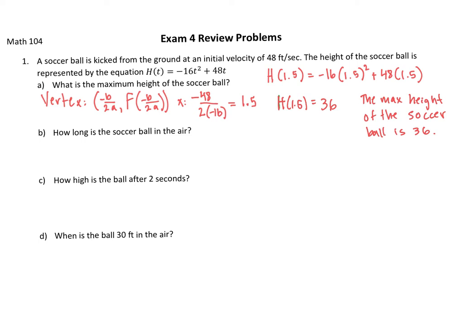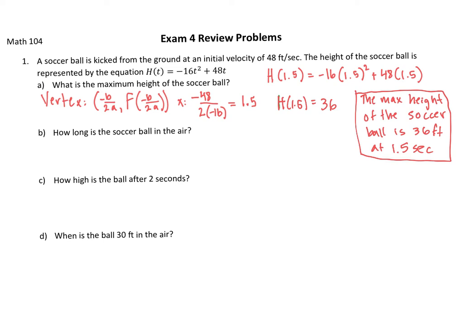So if they want to know the maximum height of the soccer ball and when it occurs, you can say the maximum height of the soccer ball is 36 feet at 1.5 seconds. That's something you can do. And then you have the question answered fully. So they actually didn't ask for when the maximum height of the soccer ball occurs. I added that in just so that you know that extra part.